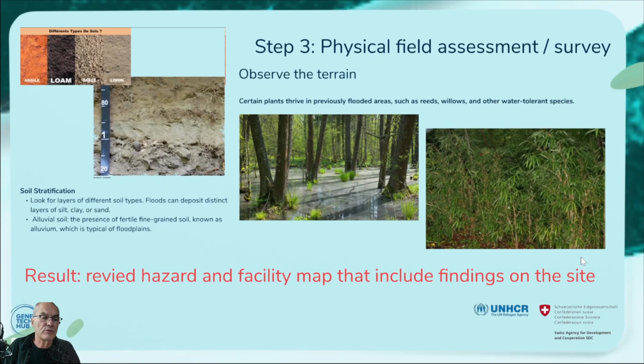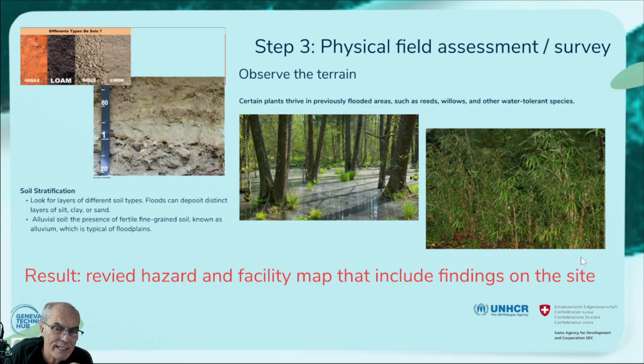Also, you have to have a look at the soil. Floods deposit specific types of silt, clay, or sand. So soil gives you an idea if the area is flood prone or not. Vegetation, or lack of vegetation, also gives you an idea.